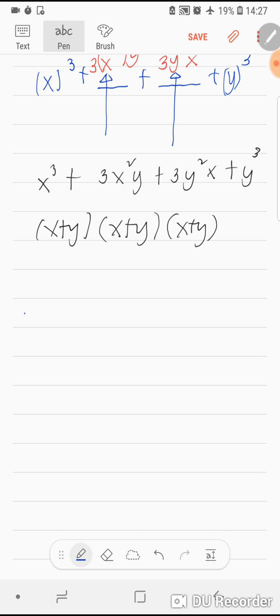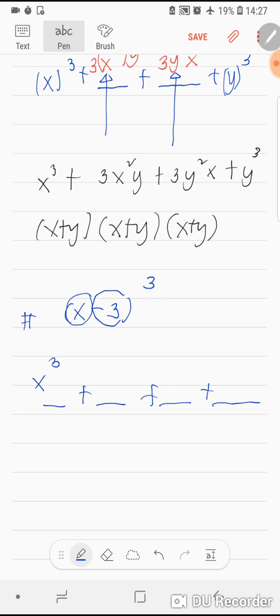And then let's have another example here. Number 2 would be x minus 3 to the power of 3. So let me first write here the first and the last term. We have to cube this part, and also the second part.